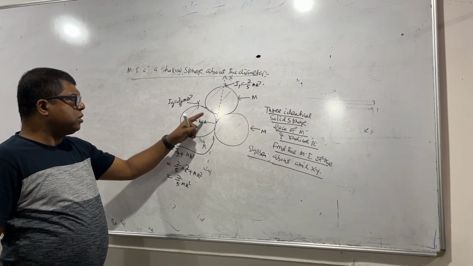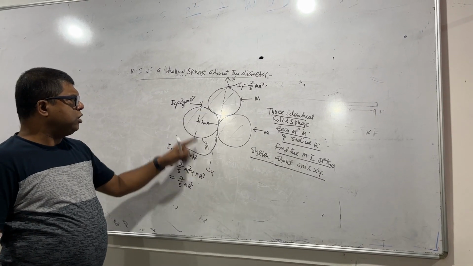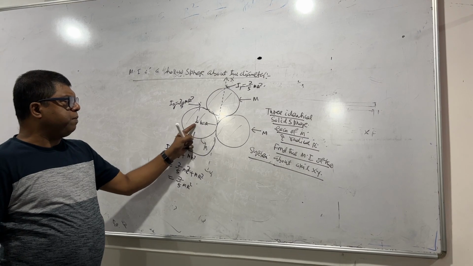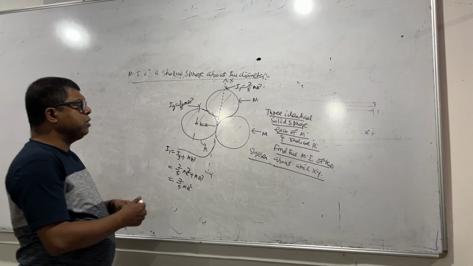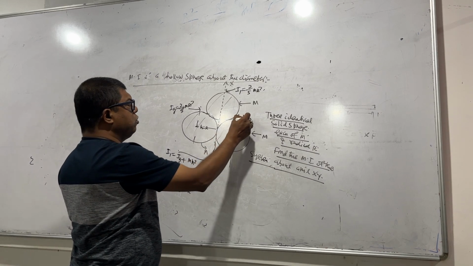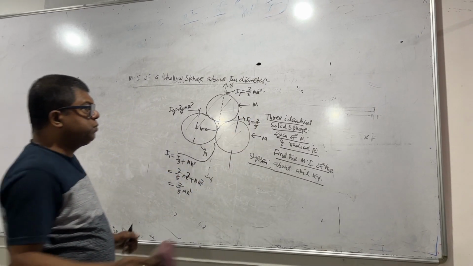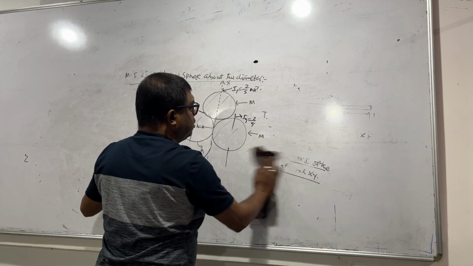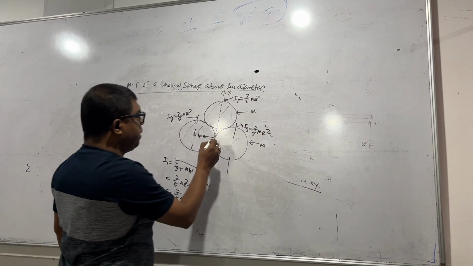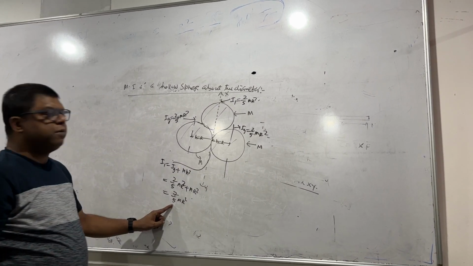And the moment of inertia of this sphere about this tangent is equal to 2 by 5 MR square plus MR square. Applying the parallel axis theorem, it is 7 by 5 MR square. For this sphere also, Ig is equal to 2 by 5 MR square, and applying the parallel axis theorem, h is equal to R. So the moment of inertia is equal to 7 by 5 MR square.